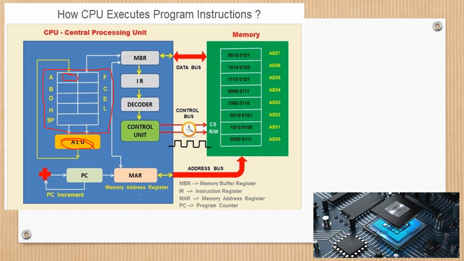and the data is stored in these registers, and the instructions are stored in this instruction register. The instruction is basically in a narrative English format. So the decoder is used to decode those instructions, and this is the control unit that controls all the devices, and it is controlled by this clock pulse.